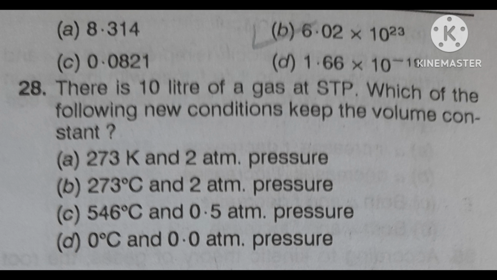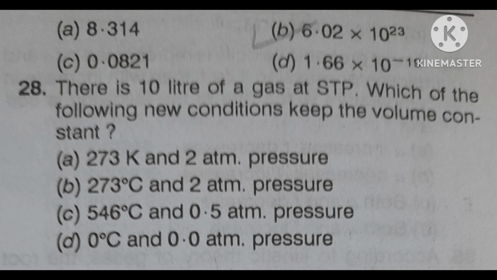Capital N upon small n is the number of molecules per mole, because you are dividing by small n, which is the number of moles.